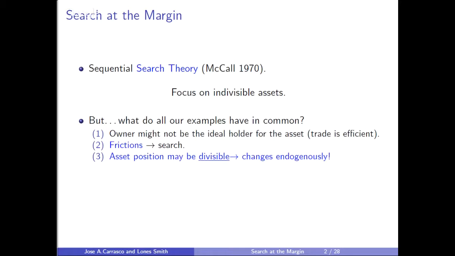Second, there are frictions. So in order to sell this asset, I need to search for buyers. And third, and most important, the asset position might be divisible. Okay, in all the examples we thought about, it might be the case that you want to sell half of the asset, or 1/3, or it is divisible in general. Okay, so the challenge here is to characterize the seller behavior in this context.